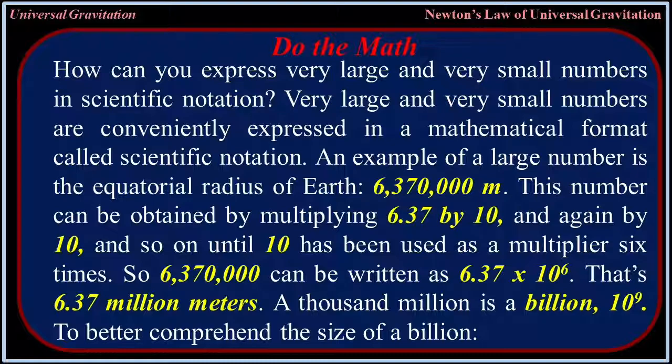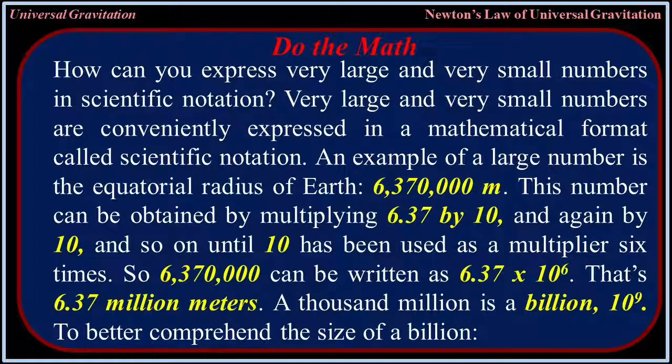This number can be obtained by multiplying 6.37 times 10 and again by 10 and so on until 10 has been used as a multiplier 6 times. So 6,370,000 can be written as 6.37 times 10 to the 6th.